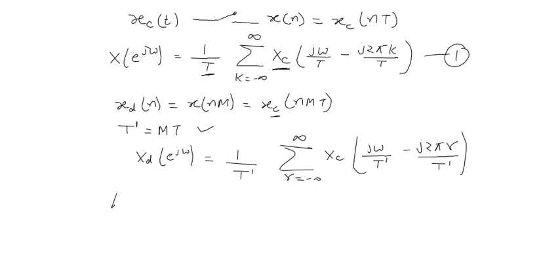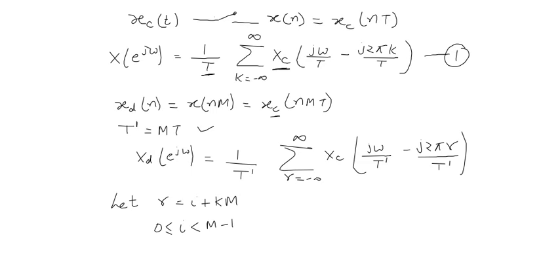Now let's take this r as I plus kM. I'll come to why I have taken this index. What will be the limit? I goes from 0 to M minus 1, because r is going from minus infinity to infinity, so I can take values from 0 to M minus 1.